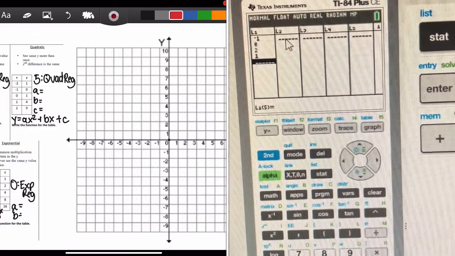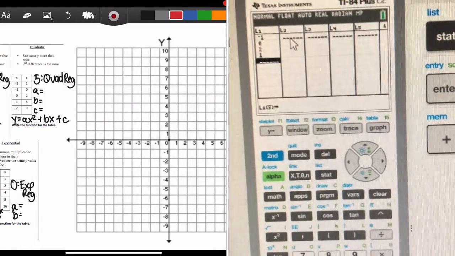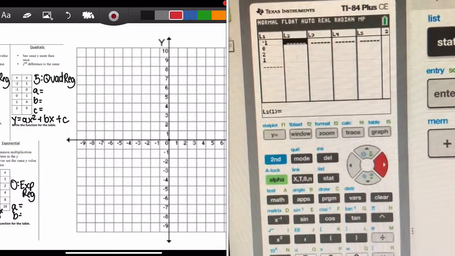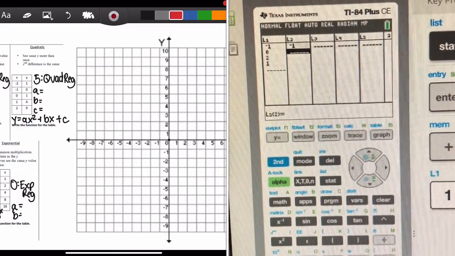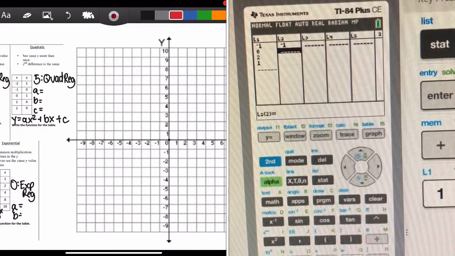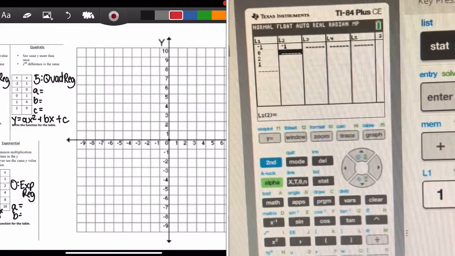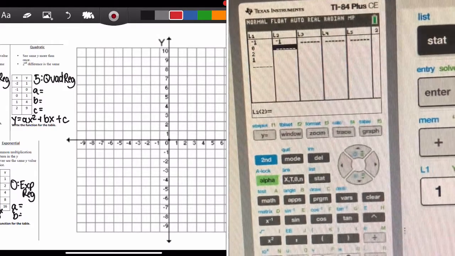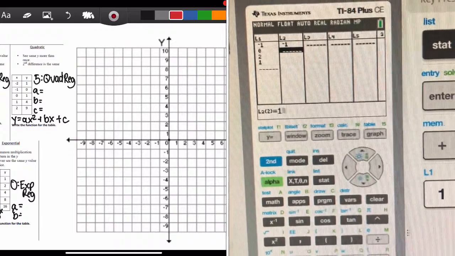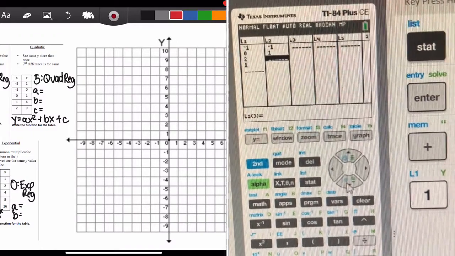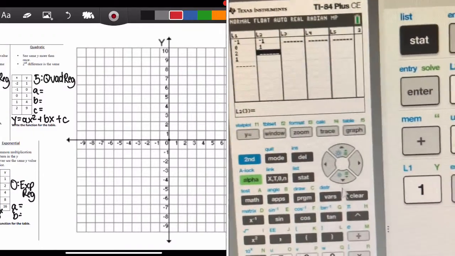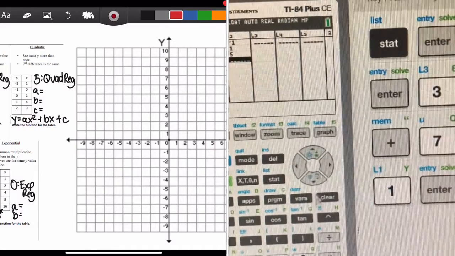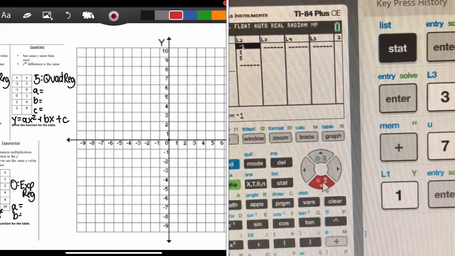So -1 is paired with -1 for my Y. 0 is paired with 1. 1 is paired with 3, and 2 is paired with 5.